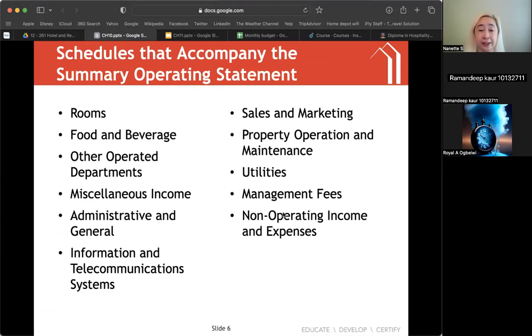So here are the schedules that accompany the rooms operating statement. You can generate this report from your automated accounting software. If you're going to do it manually, then you have to go through each of the items individually.